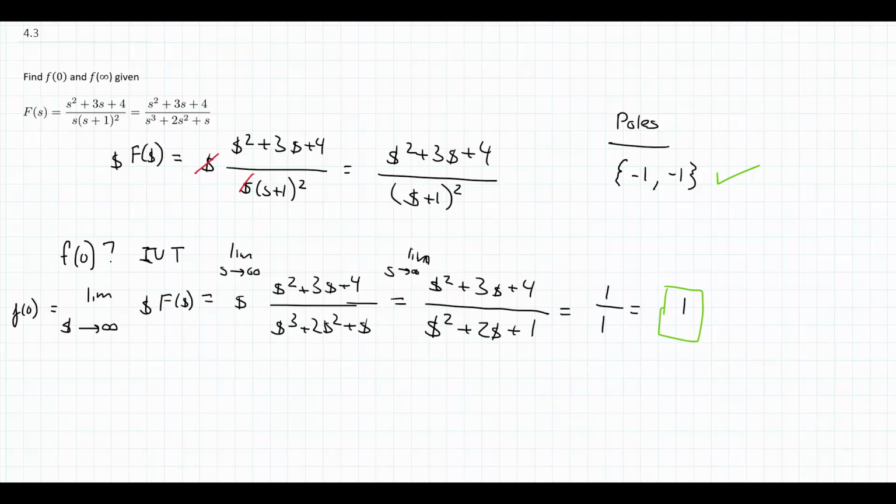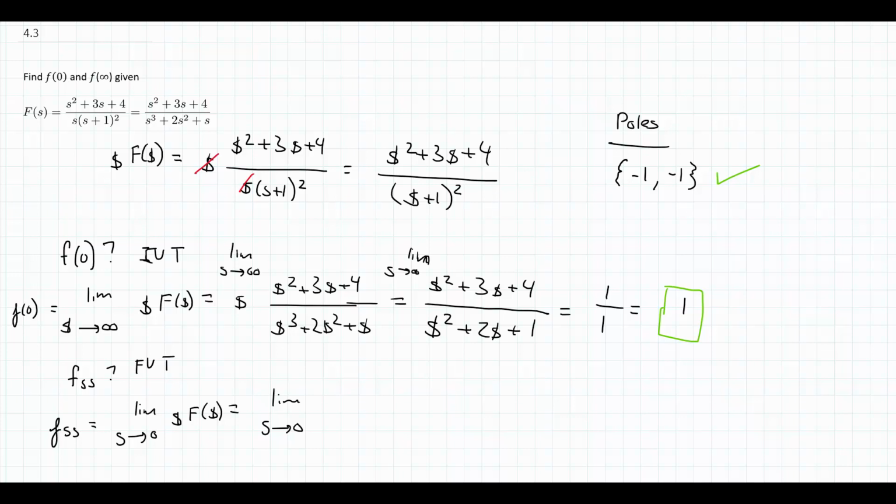Right, now I can look at the steady state value of f using Final Value Theorem. So f steady state is going to be the limit as s goes to 0 of s times f of s. So that's the limit as s goes to 0 of, and for going to 0, I want to use the factored form.